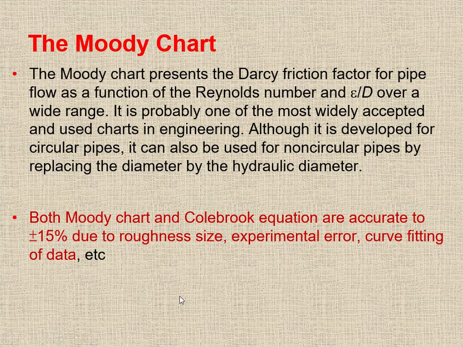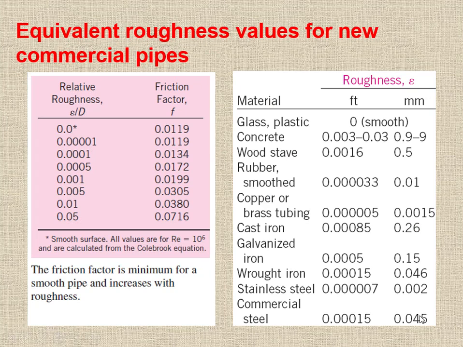Both the Moody chart and the Colebrook equation are accurate to plus or minus 15% due to roughness size, experimental error, curve fittings of the data, etc. So this is a trustable chart that we can use to find out the friction factor. Now we see the equivalent roughness values for new commercial pipes.